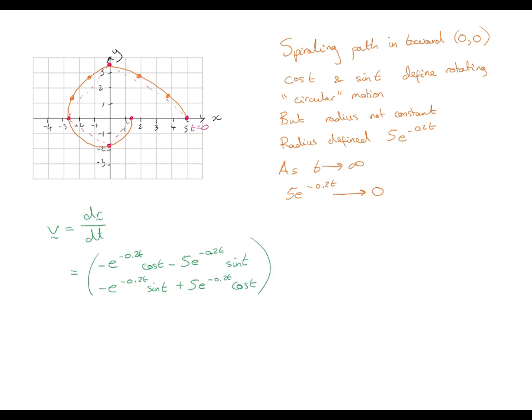Okay, it's not particularly nice, and you could factor out e to the minus 0.2t, but now you have a vector for the velocity as a function of time, and you can use that in the usual way. You can find the velocity at a specific time, you can find the magnitude of the velocity at that time, you can find the direction.